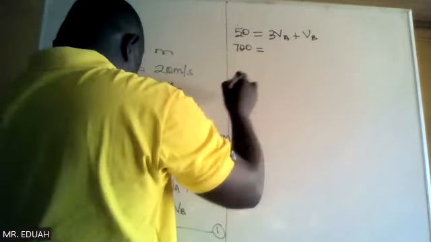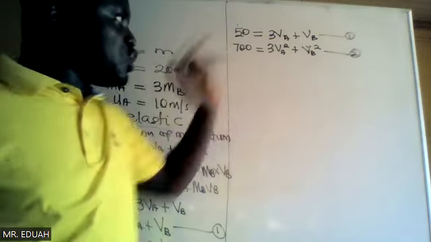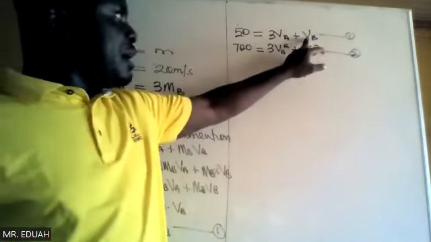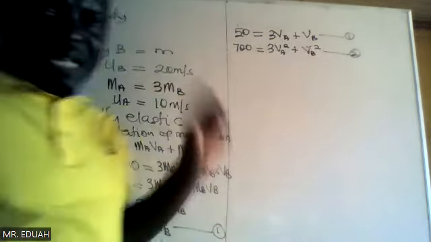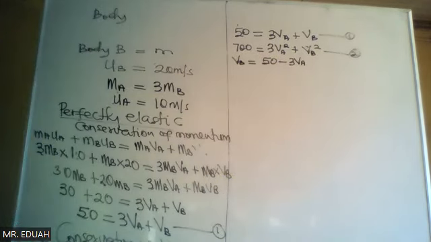Before we can simplify, we'll make one of the variables the subject and substitute into equation 2. We'll make VB the subject. So VB is equal to 50 minus 3VA.